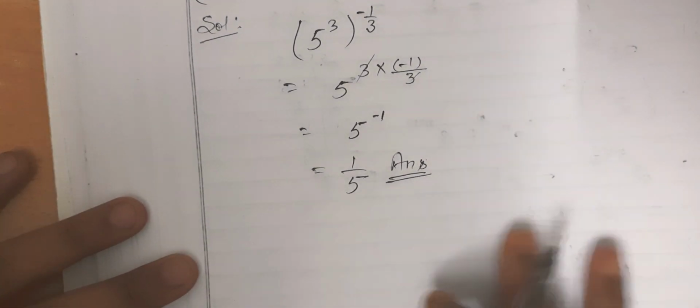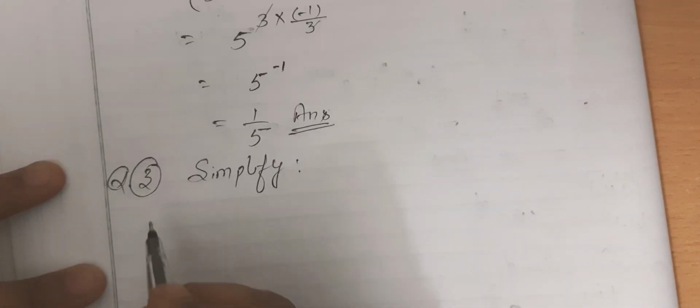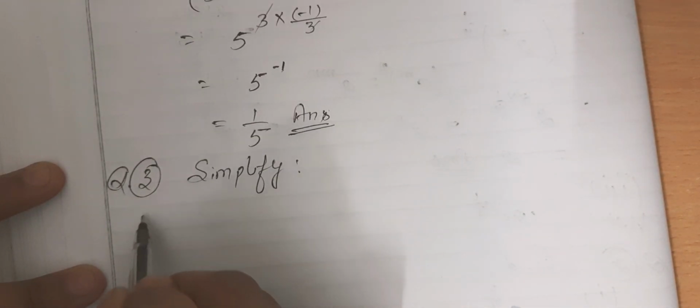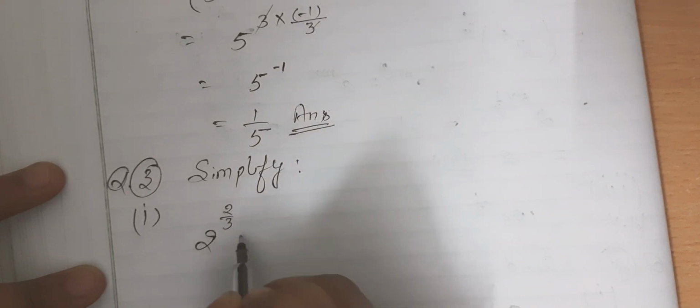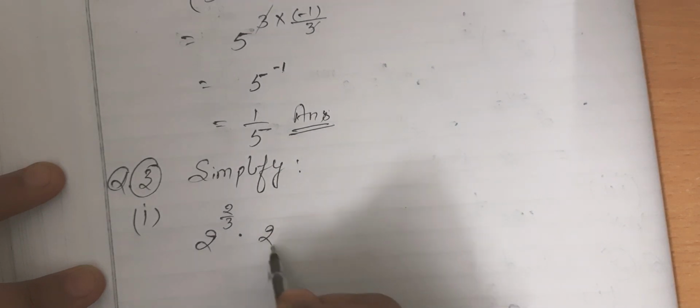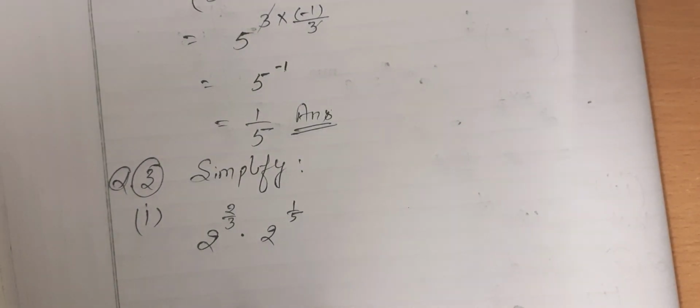Okay. Now let us see question number 3. Question number 3 is simplify. And again there are 4 parts. The first part is 2 raised to the power 2 by 3 multiplied by 2 raised to the power 1 by 3. Okay, now we have to simplify.